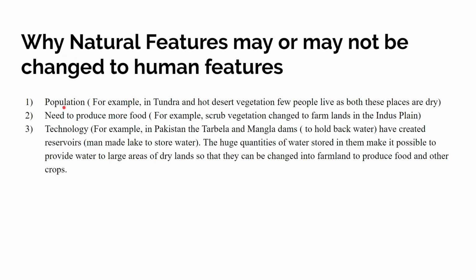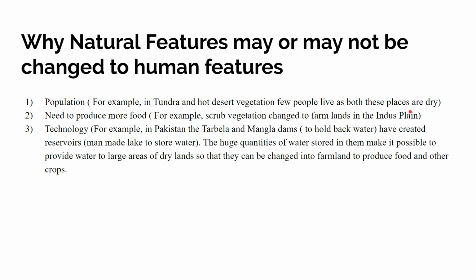For example, if tundra has very little vegetation, then you don't need to cut down as many trees. You do not need to bring technology over there, to make water reservoirs. So the population basically matters a lot. And in tundra and hot desert vegetation, only a few people live over there. Why?